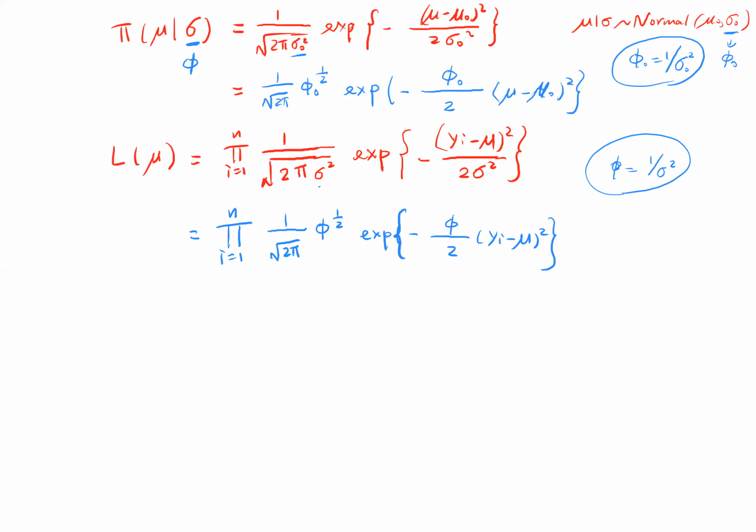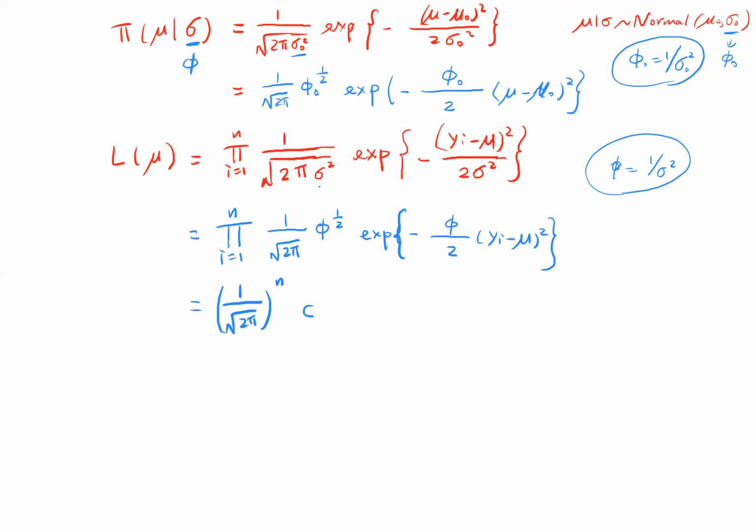One more step I would do for you is we can simplify this joint density, which is the likelihood, and we did that in class as well as in homework once. Basically we have n copies of 1 over square root of 2 pi, raised to the power n.